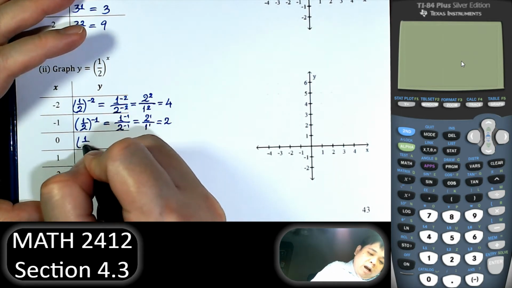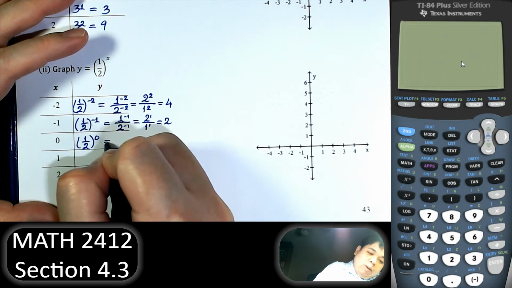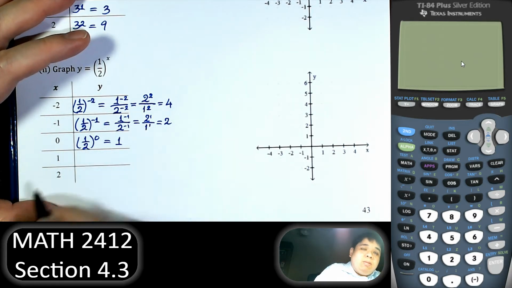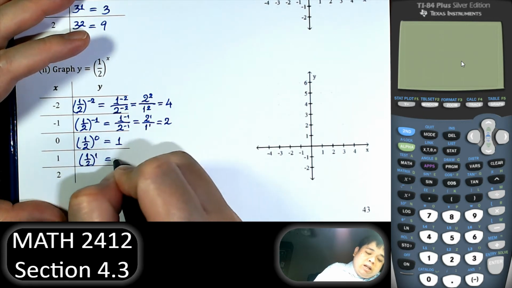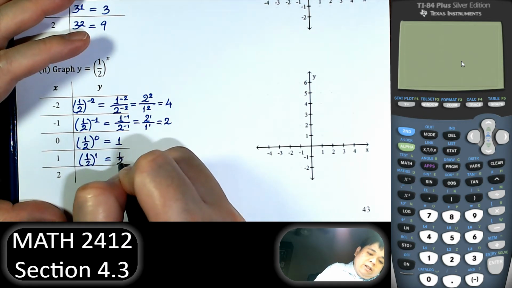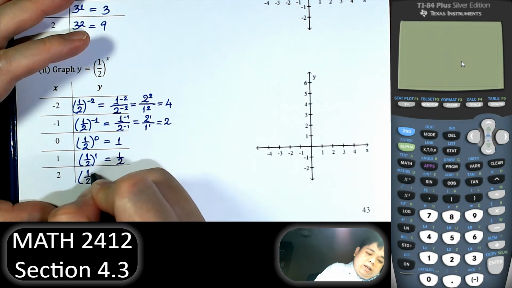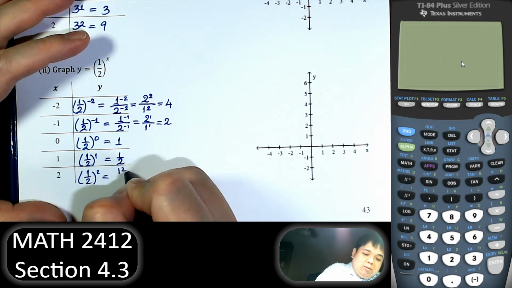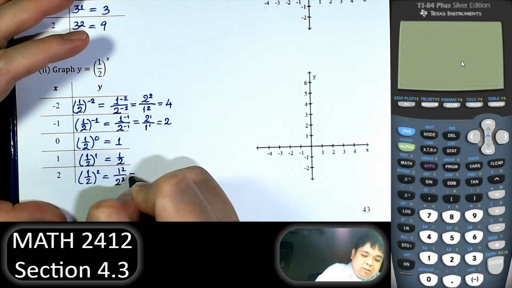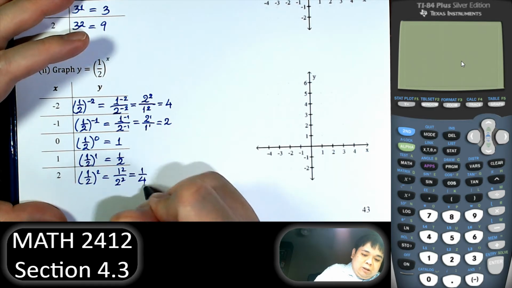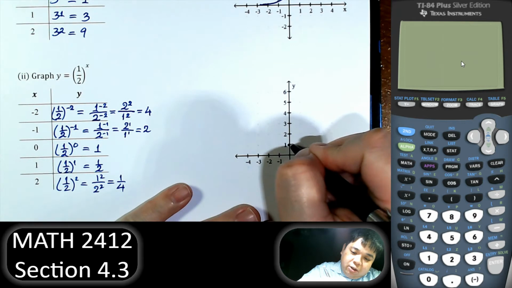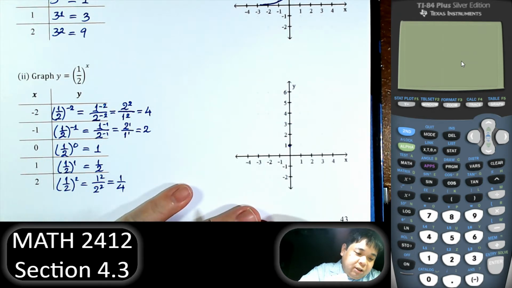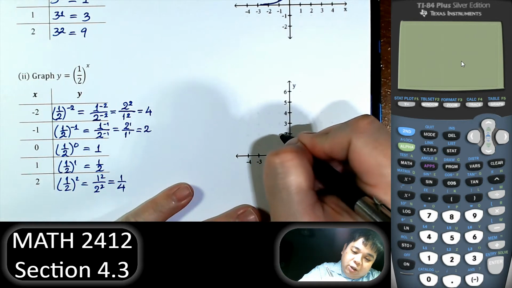1/2 to the 0 power, anything to 0 power is 1. 1/2 to the first, anything to the first power is itself. And 1/2 squared, the square goes to the top, goes to the bottom. So we have those points. Right. x equal to 0, y equal to 1. x equal to negative 1, y is 2.